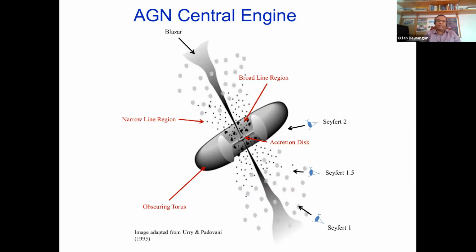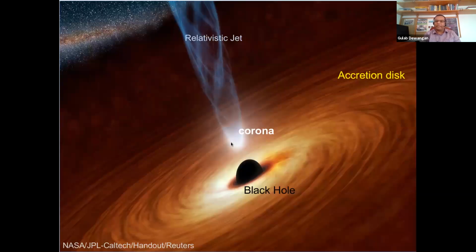Okay, and if you go further away, then of course there are other kinds of line emitting clouds, called the narrow line region, which you observe in the optical and ultraviolet band. In this talk, I will be confined to the innermost region where the accretion disk and the hot corona are.